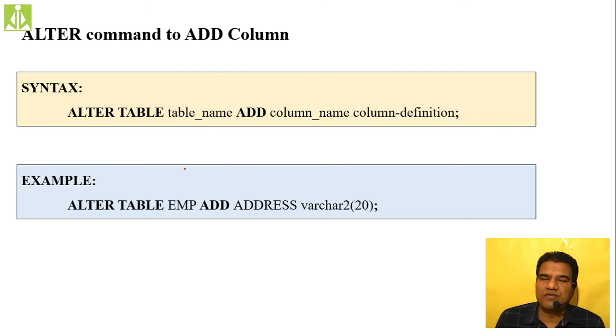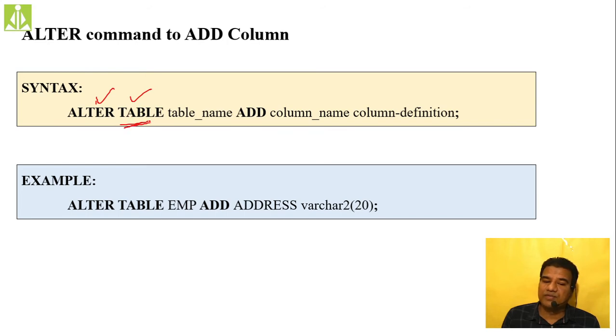Now suppose I want to add an address column to that table. I have to use the alter command. To add a single column, the syntax is alter table. It is an auto commit command because we have the table keyword.